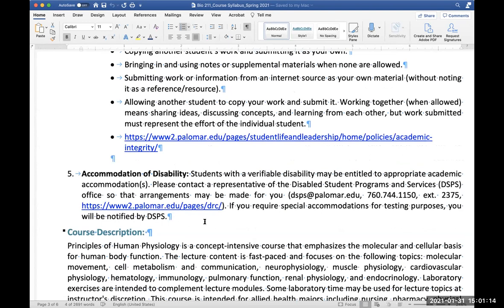Now, if you're a student that has an accommodation through the Disabled Student Programs and Services Office, please get them to send me the necessary information so that I can make sure that we get you the appropriate accommodations.